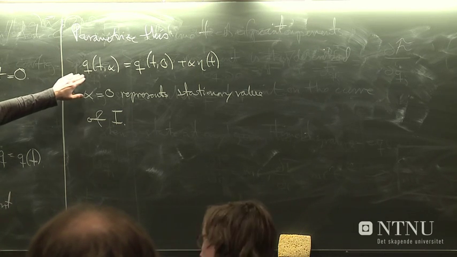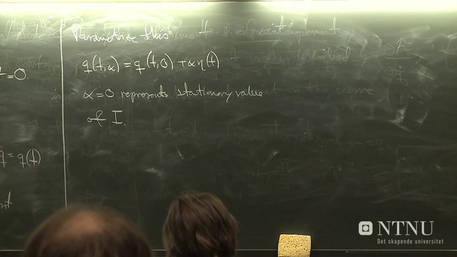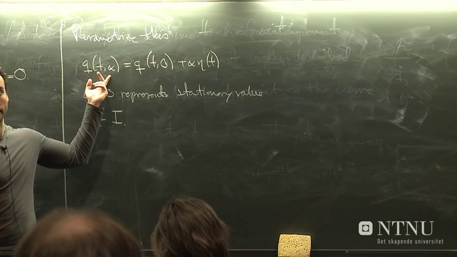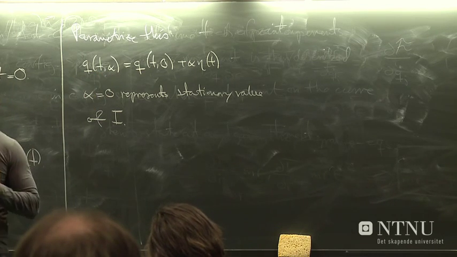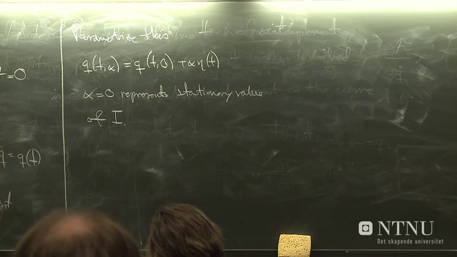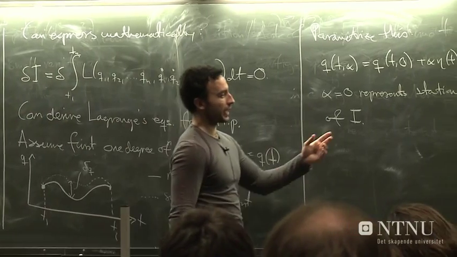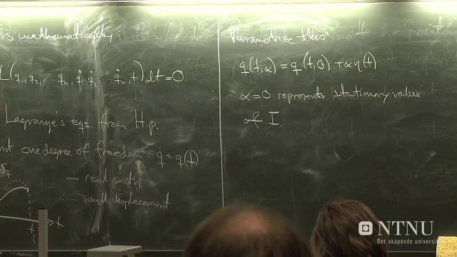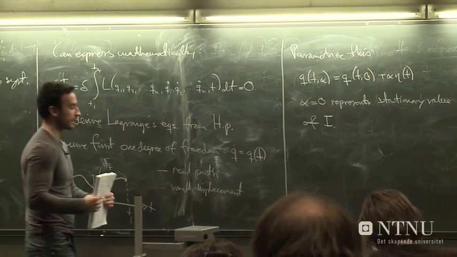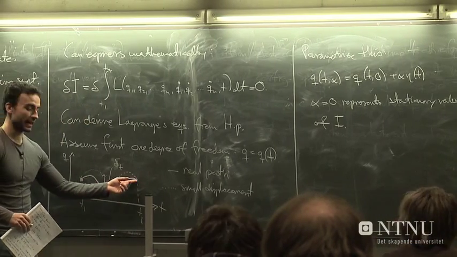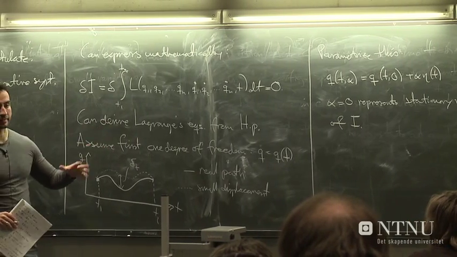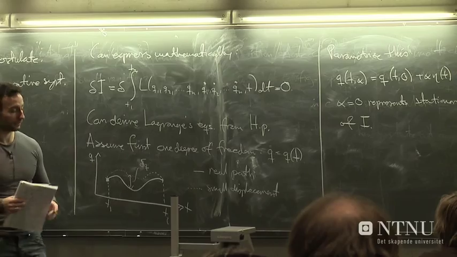So I can write the expression for how q evolves with time as a function of a parameter alpha, so that alpha equals 0 represents the actual path taken by the system. This is the full line. But for non-zero alpha, we have some deviation here, eta of t. And this eta of t can be arbitrary, but it has to be fixed in these start and end points. So the final term in this equation represents the actual displacement compared to the real path.